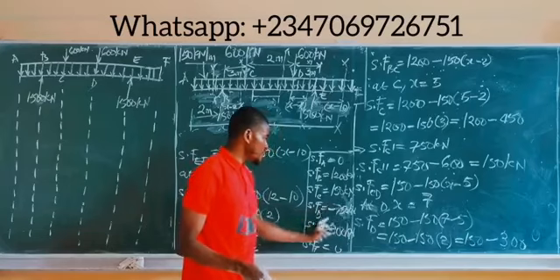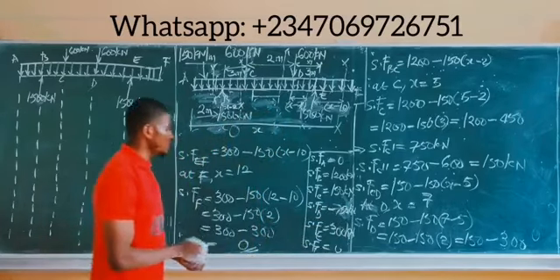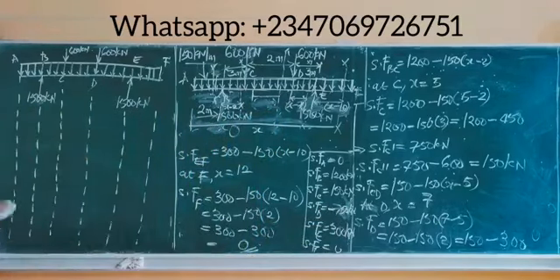Then we have just one negative sign, which is -750. So 1,200 kilonewtons comes first, followed by 300 kilonewtons, followed by 150 kilonewtons.